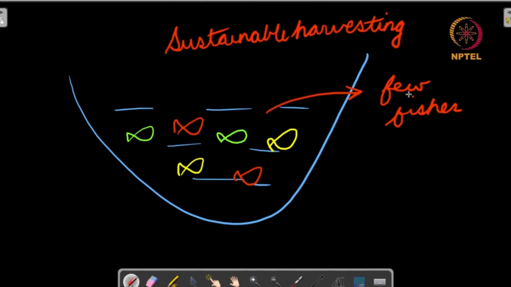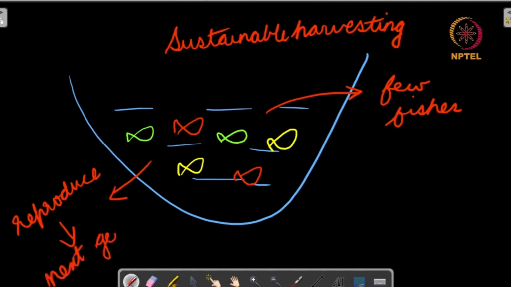And if we take out those few fishes and if we consume those fishes, then the other fishes that remain in the pond, they will be able to reproduce. And with this reproduction, they will be producing the next generation. Now suppose this pond has say 500 fishes.